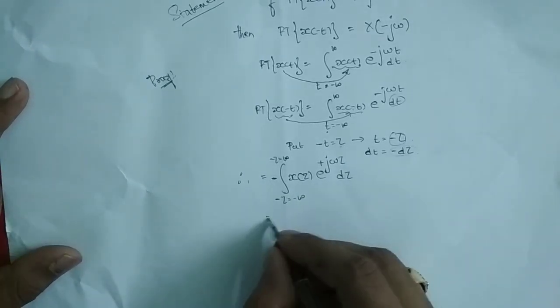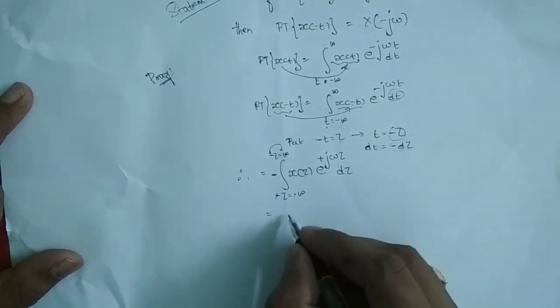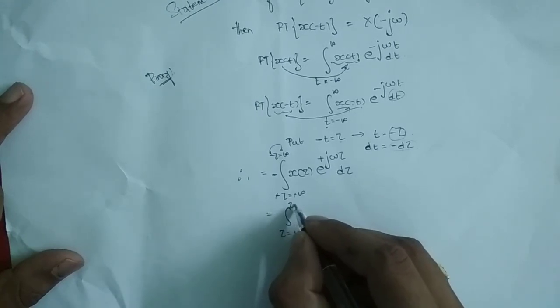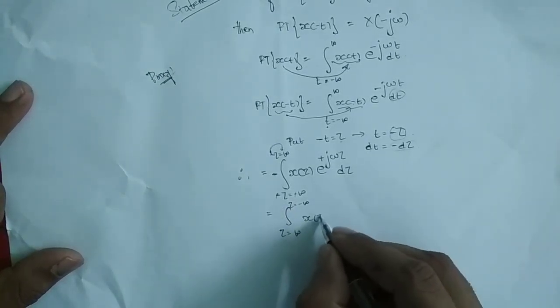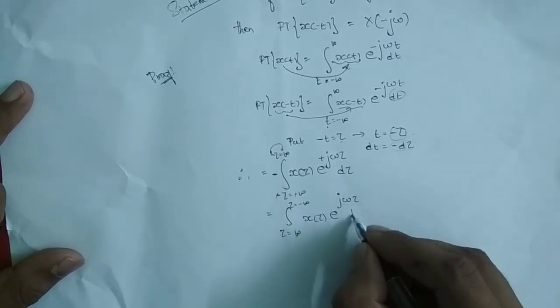So this minus minus cancels out, this minus comes to the other side, and we get tau varying from plus infinity to minus infinity of x of tau e power j omega tau d tau.